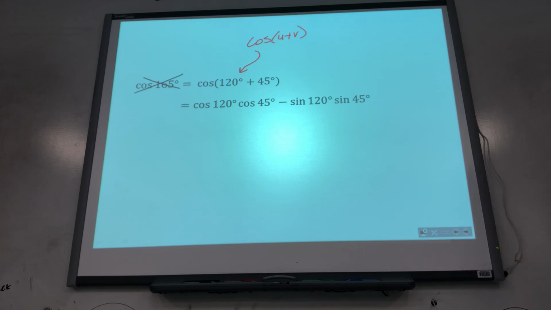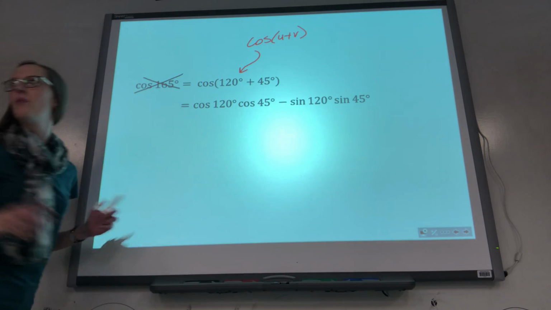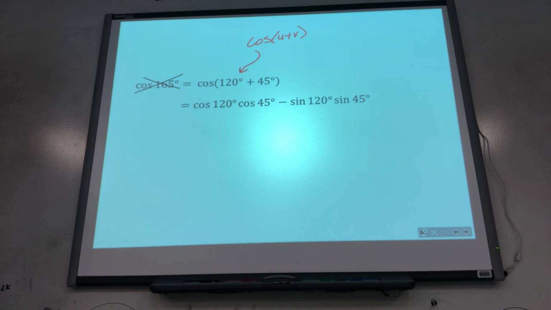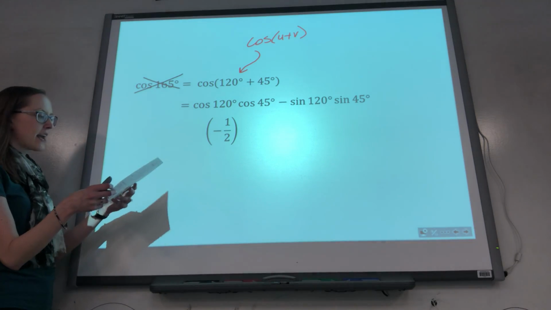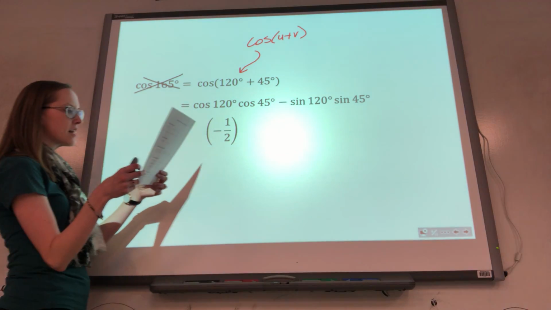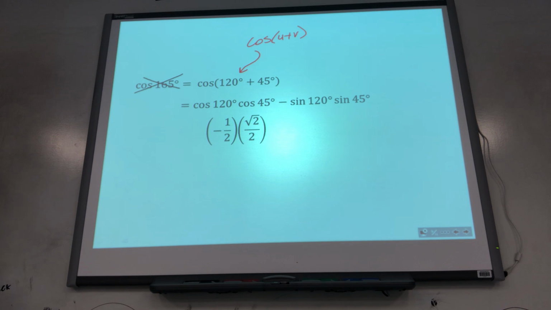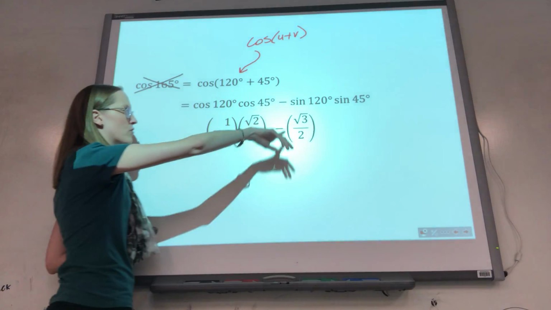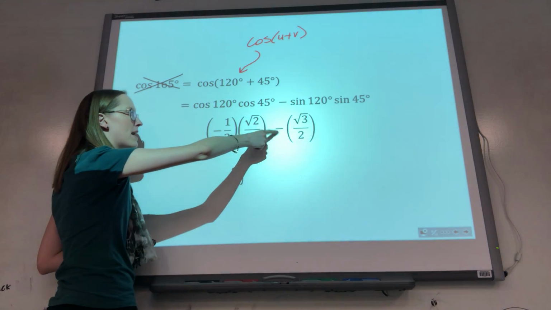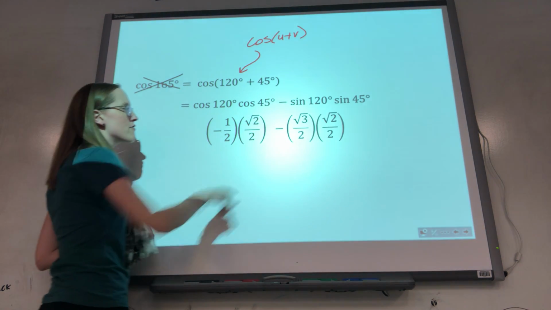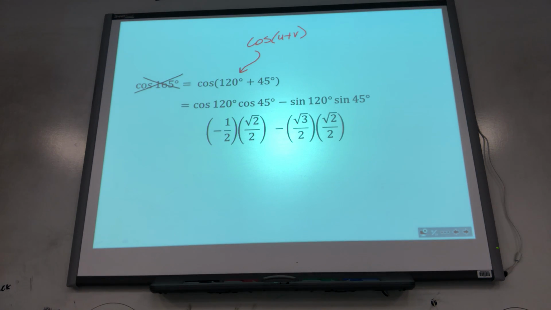And here it goes. We could reuse some of those from earlier probably, or you can look them up again. But cosine of 120 is negative 1/2. Cosine of 45, that is radical 2 over 2. Then sine of 120 is radical 3 over 2, don't forget the minus, times sine of 45, which is radical 2 over 2.